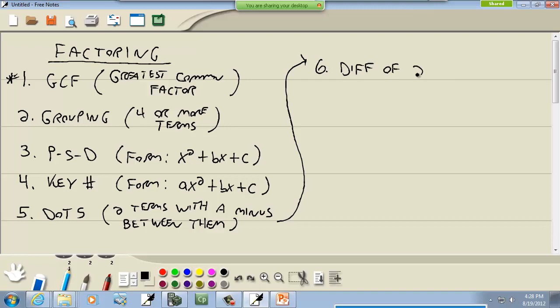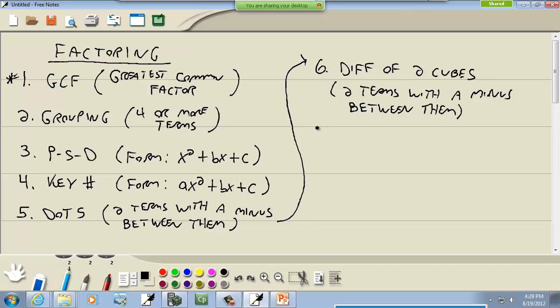6-1 is the difference of 2 cubes, and this is when you got 2 terms with a minus between them. And then our 7th one is the sum of 2 cubes.